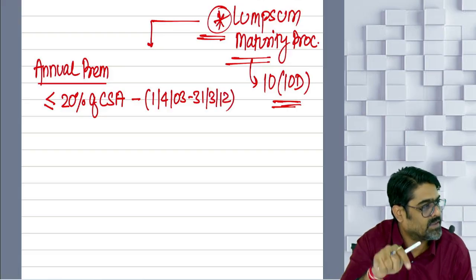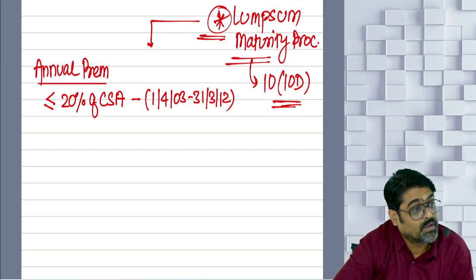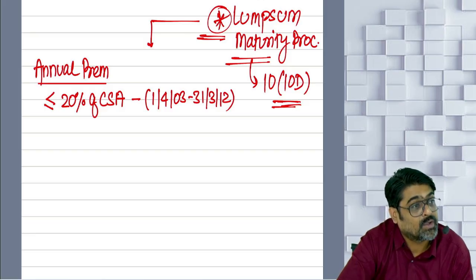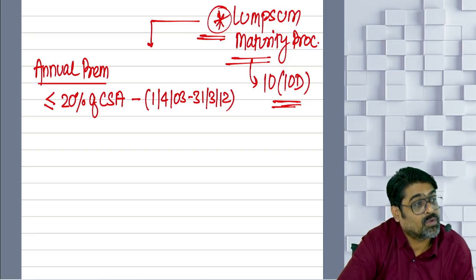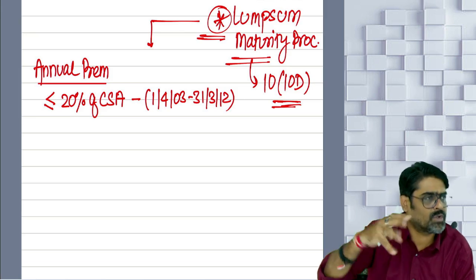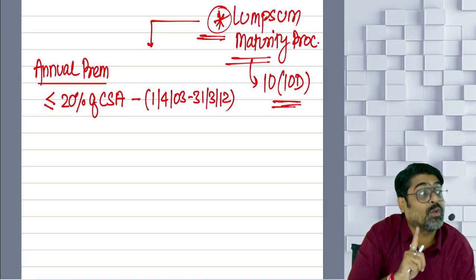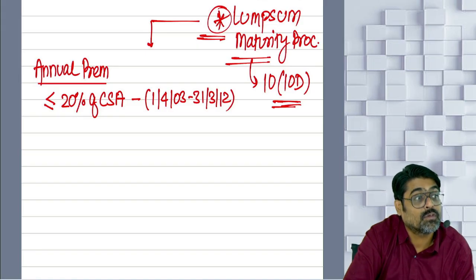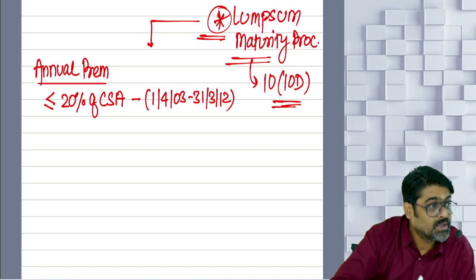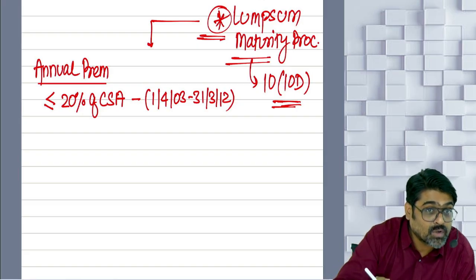Those maturity proceeds we will exempt, provided all the annual premiums of that policy were this much or less. How much? 20% of the capital sum assured or less.